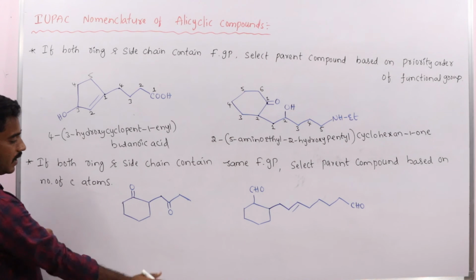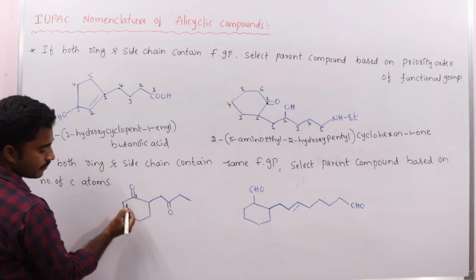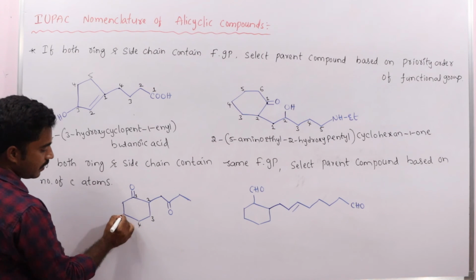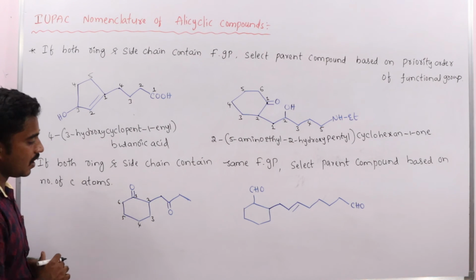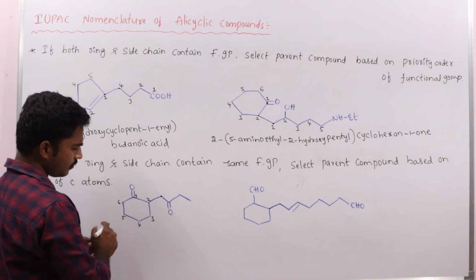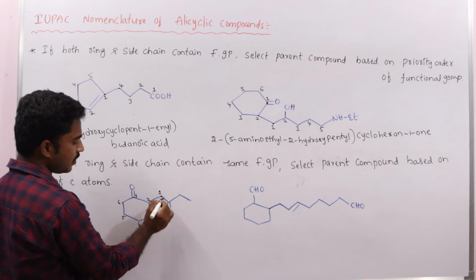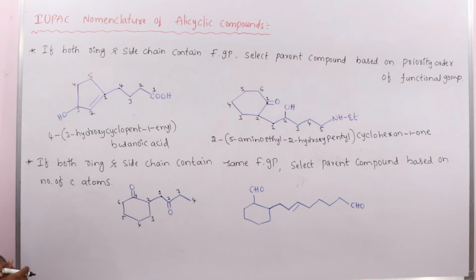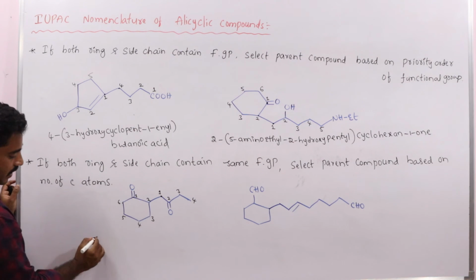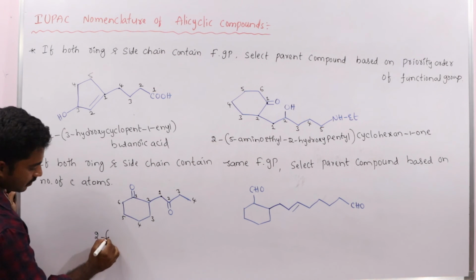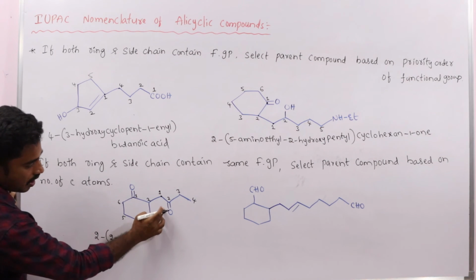Then give the numbering. This is the first, the second, the third, the fourth, the fifth, sixth in the parent chain. The carbon which is bonded to the parent chain is numbered as 1, then here 2, here 3, here 4. At the second position of the parent chain, there is a substituent, that is 2-oxo.